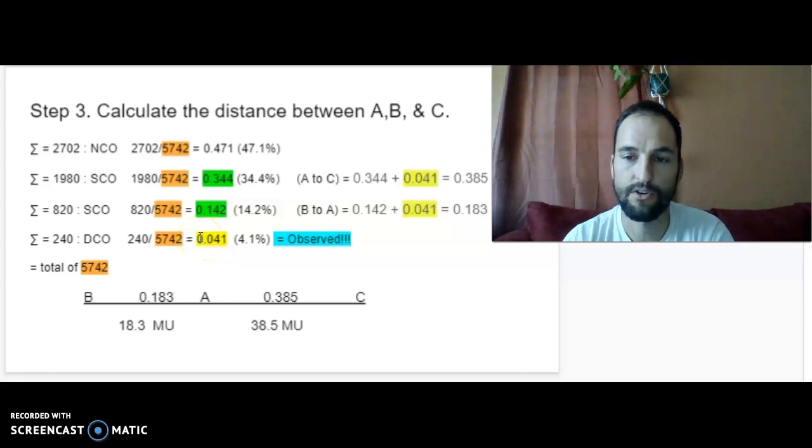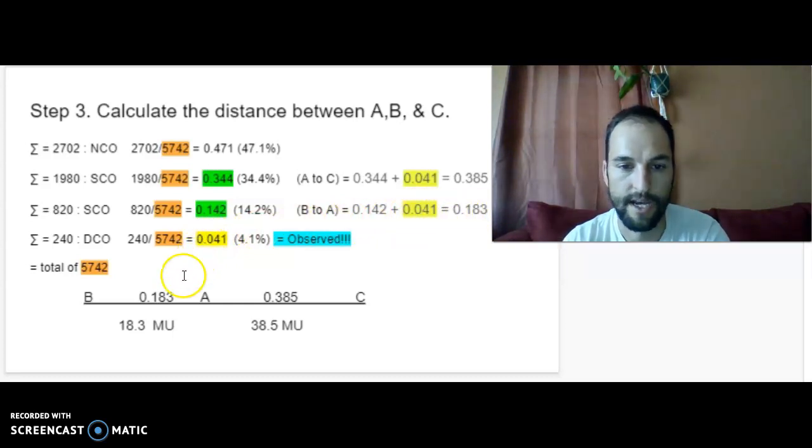You take each of the single crossover groups and add the double crossover group to it to get your total distance from A to C and from B to A. So you can see that these two numbers here, 0.142, 0.142, 0.041, 0.041, that's our total distance for one of our single crossover groups. That being from B to A is down here. From A to C is down here. So this is sort of the map of it.